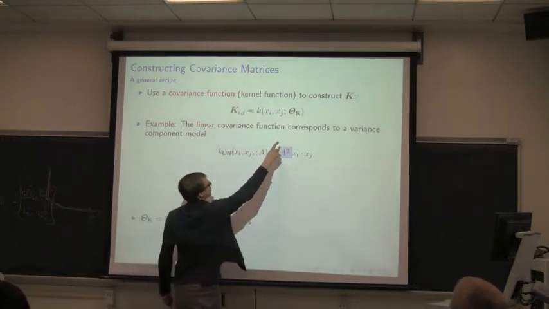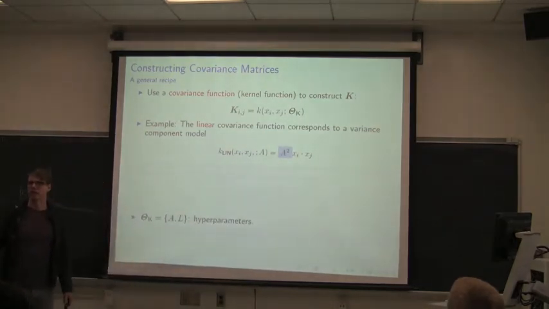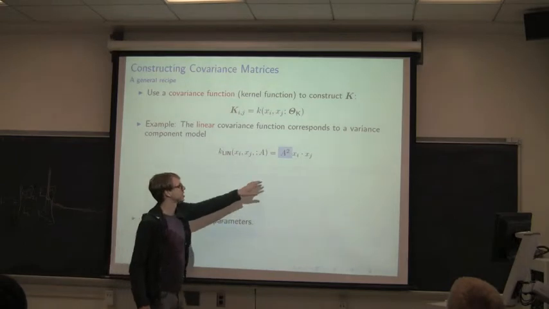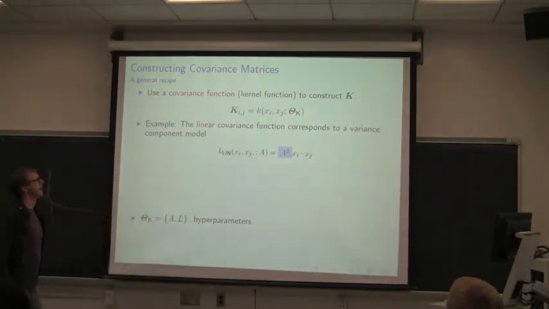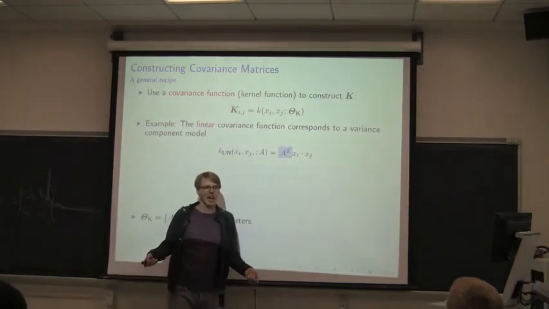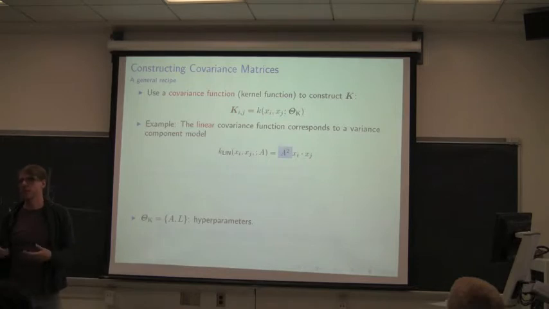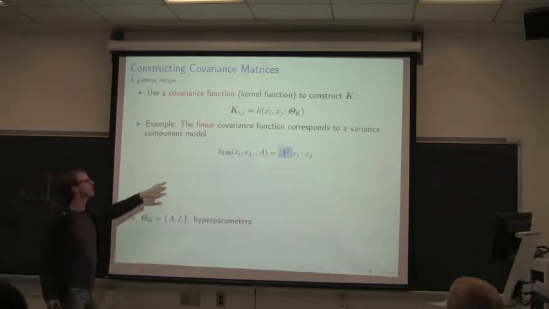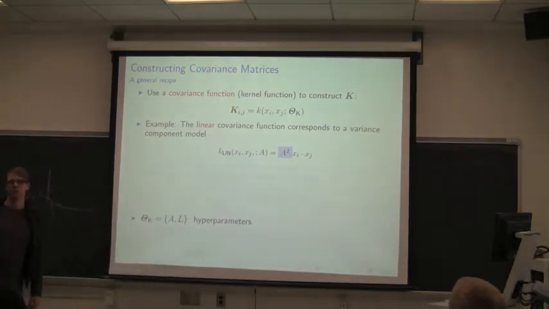The parameter here would be some scaling, like the sigma squared g that we had, which is the overall variance due to this term. It turns out that if we use this covariance function, then for every i and every j combination we get a positive definite matrix. And the types of functions that we get are linear functions, because we started out with a linear model and got this covariance function, or kernel, when we did the integration.